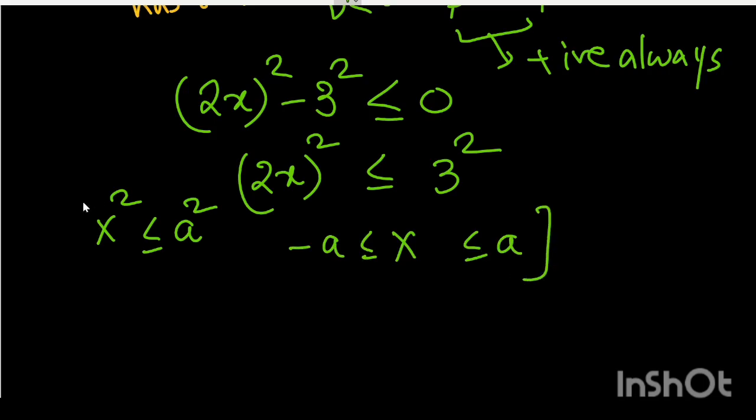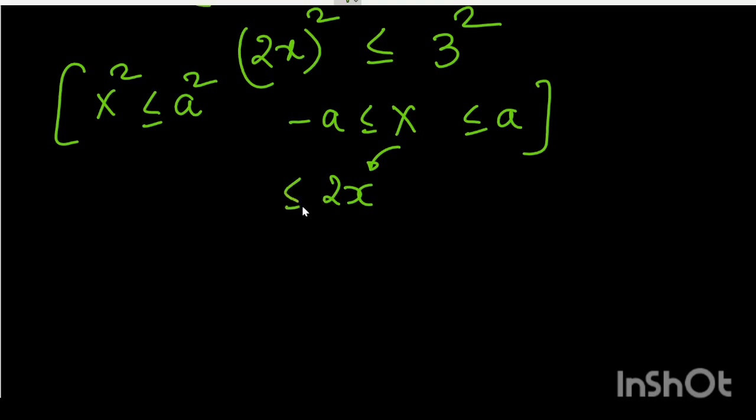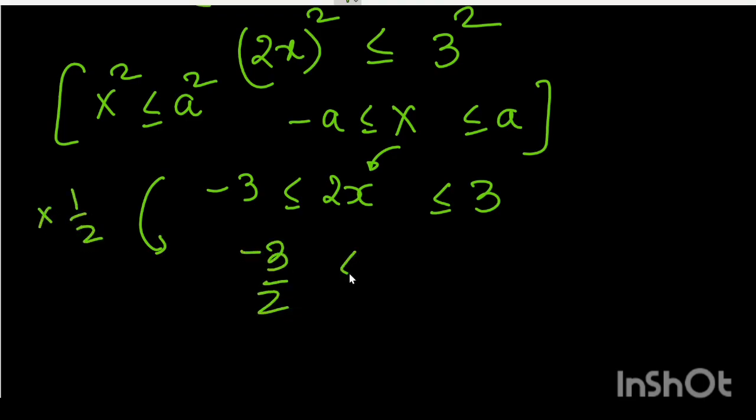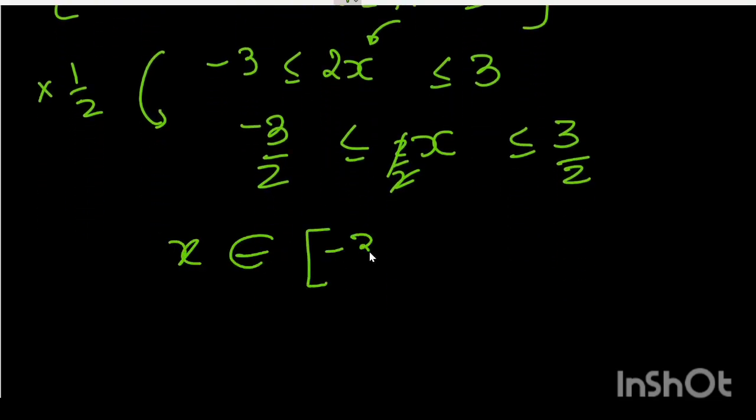So we can write it like this: 2x, this is capital X, which is 2x, a is 3 here, so minus 3 to plus 3, multiply by half, you will get minus 3 by 2 to 3 by 2, the 2 and 2 get cancelled. So x from minus 3 by 2 to 3 by 2 would be our final answer.